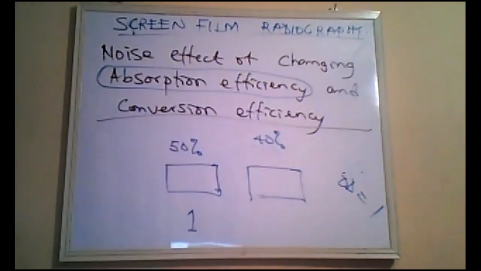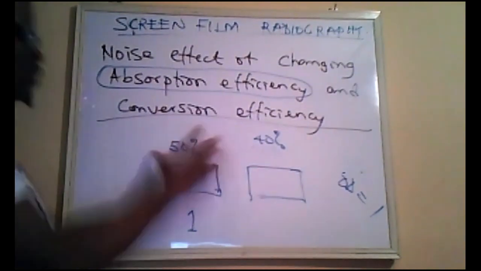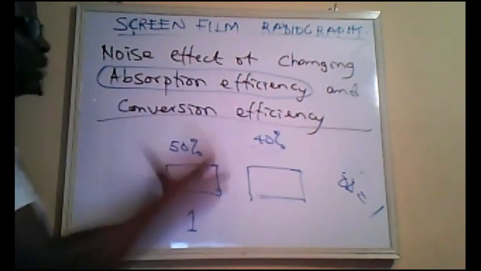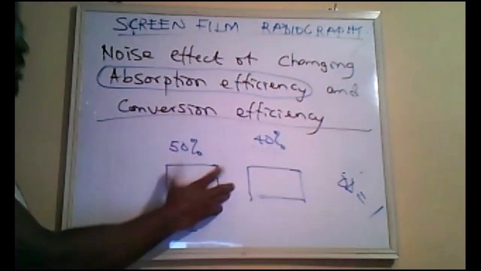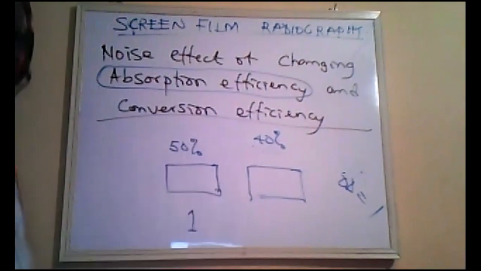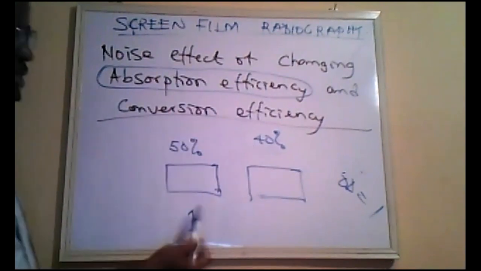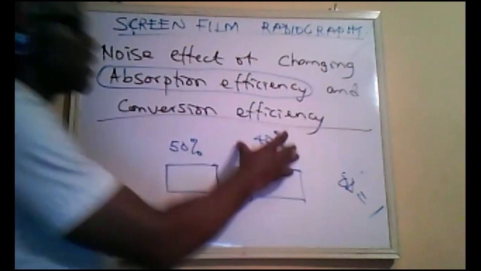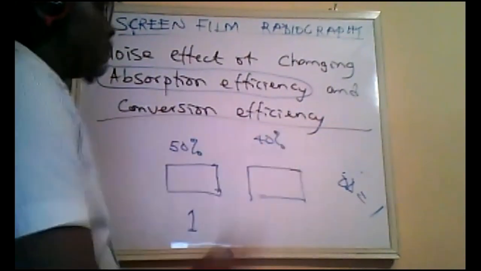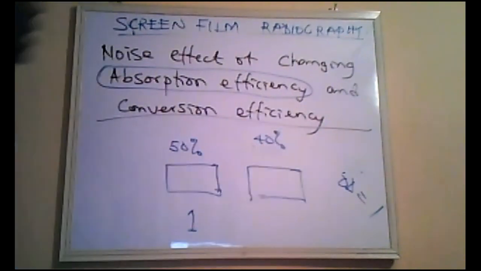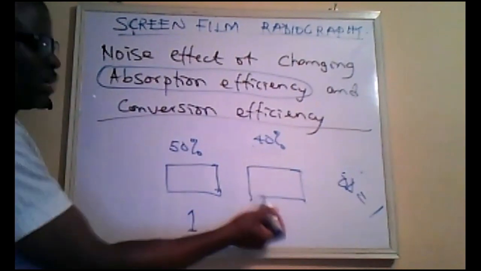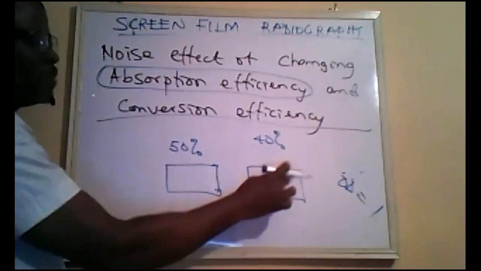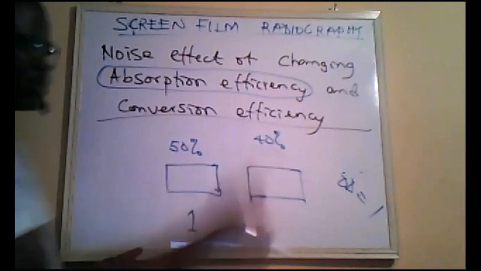I don't know whether I'm making sense. We have a particular system. This one has a better conversion efficiency, say 50%, which will actually give us an optical density of 1. But for this one, which is 40% efficient, it is going to give us an image of a particular intensity.